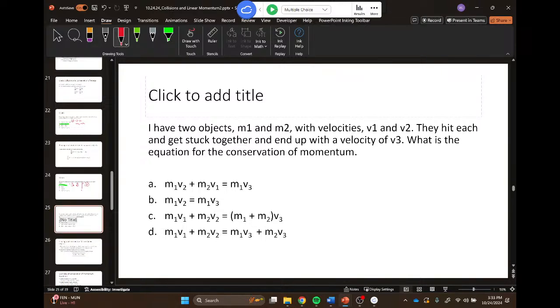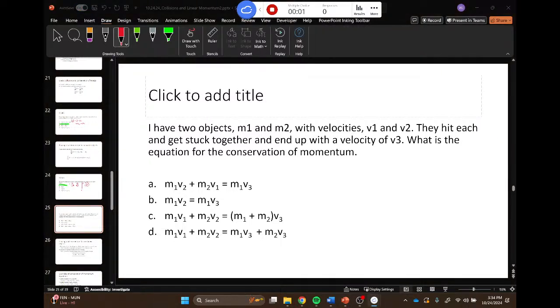So let's put all of this together. We're just building a conservation of momentum problem, showing you how straightforward this is. I have two objects, m1 and m2, with velocities v1 and v2, like the first problem I gave you. That's how they start. They then hit each other and get stuck together and end up with a velocity of v3. Build an equation for conservation of momentum.